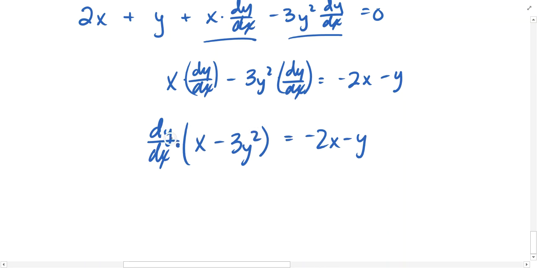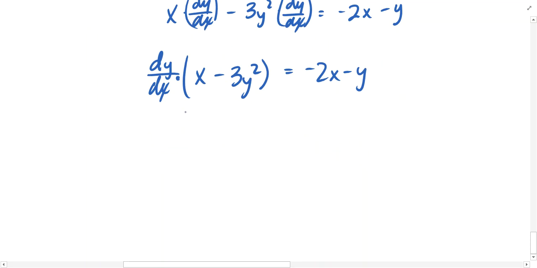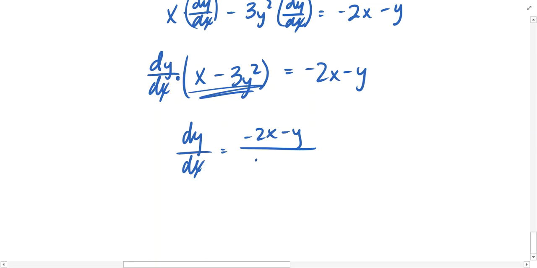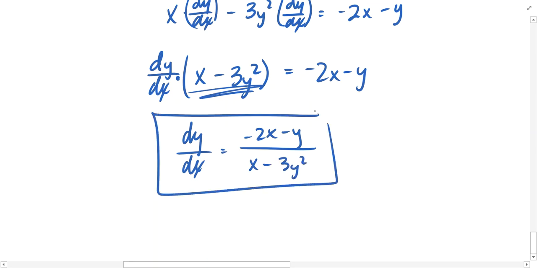Our job is to get this dy/dx all by itself. So if I divide both sides now by this expression, I have the dy/dx differential identified. And now we've got the expression that can be used to find the slope at any given point.